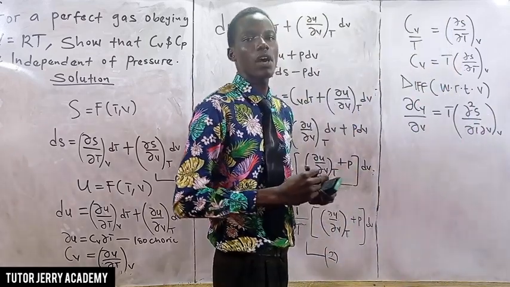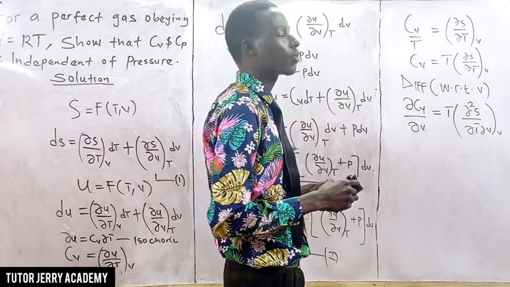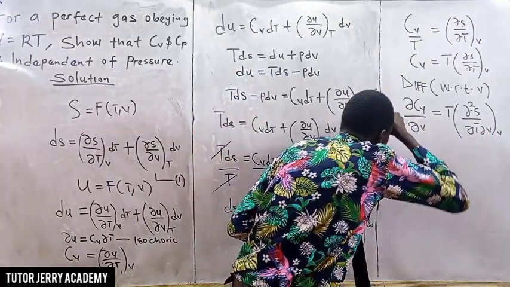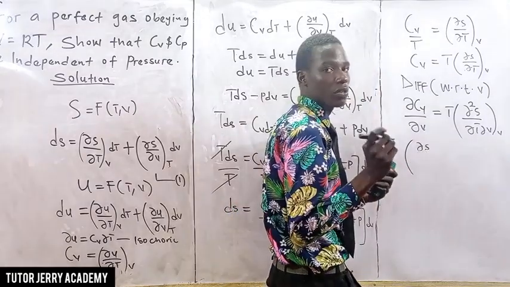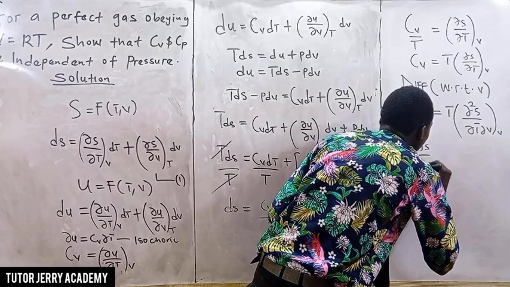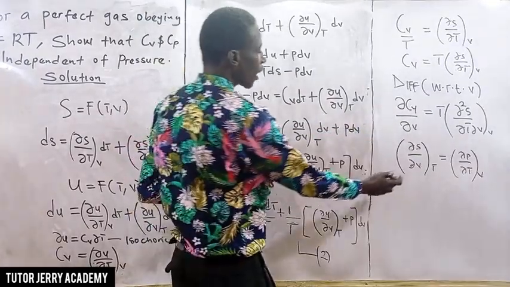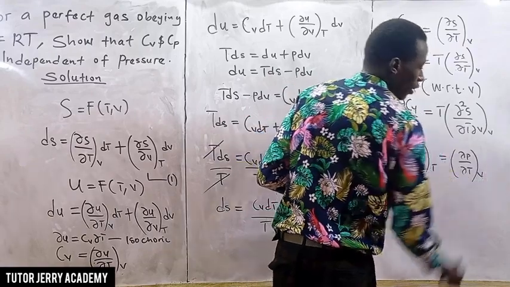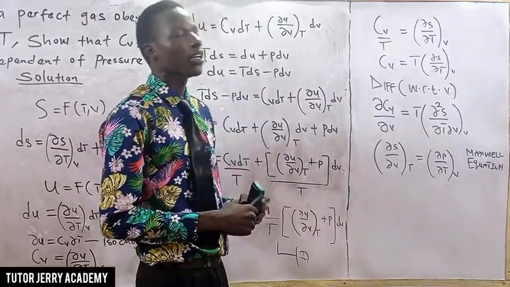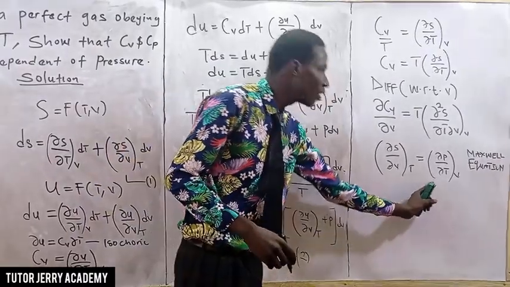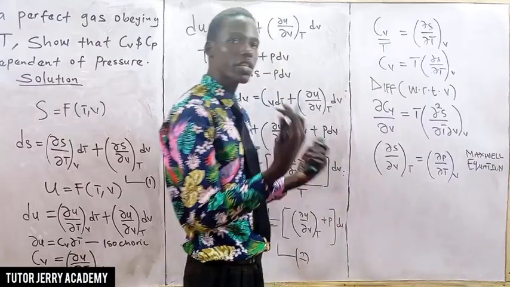Now, from the Maxwell equation, we know the partial derivative of s over the partial derivative of v. So this is what we have from the Maxwell equation. Now we are going to be differentiating this Maxwell equation with respect to t.